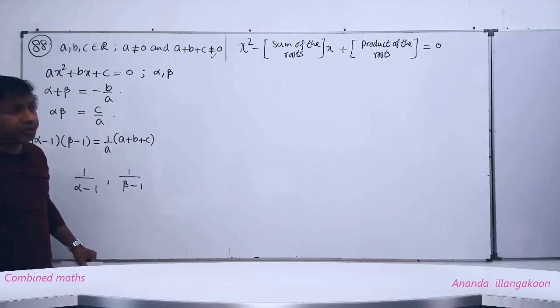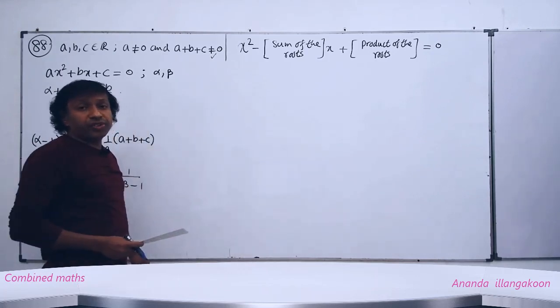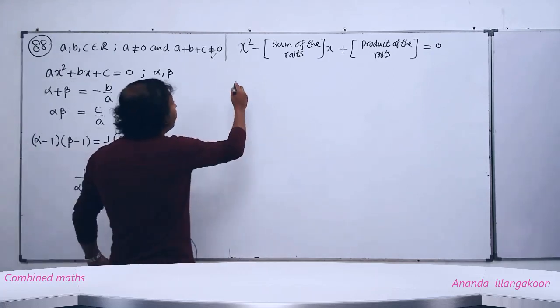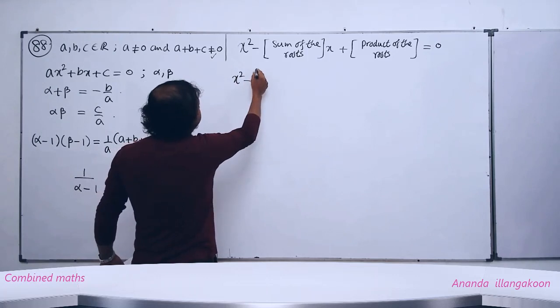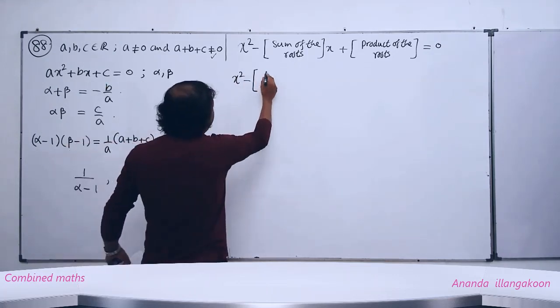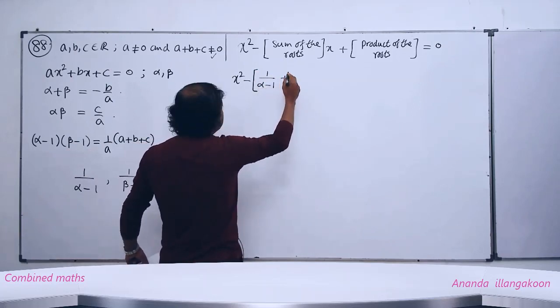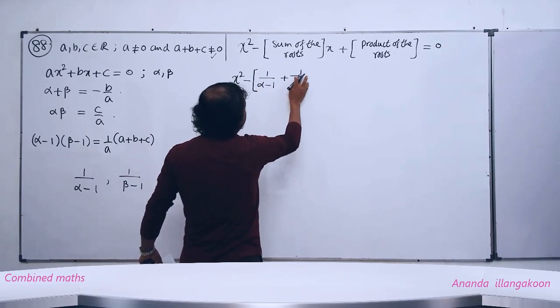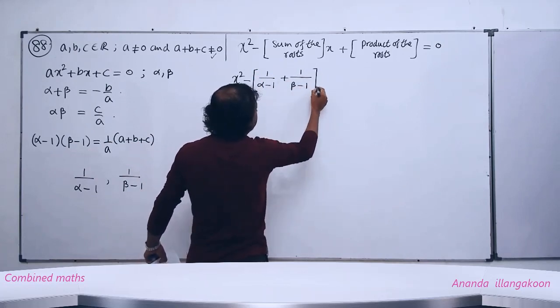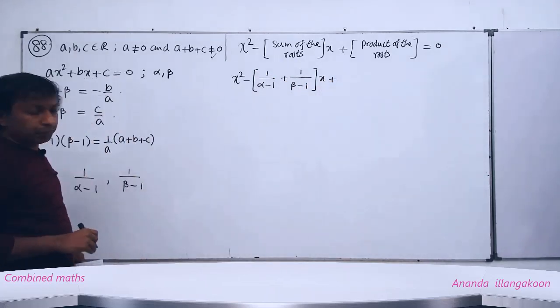This theory we discussed. Now we substitute: x squared minus the sum of the roots, which is 1 upon (alpha minus 1) plus 1 upon (beta minus 1), times x, plus the product of the roots.